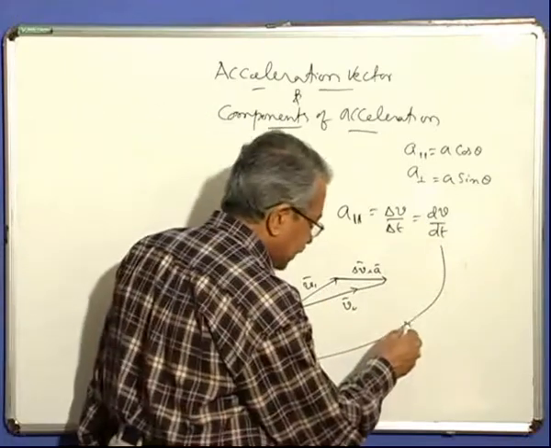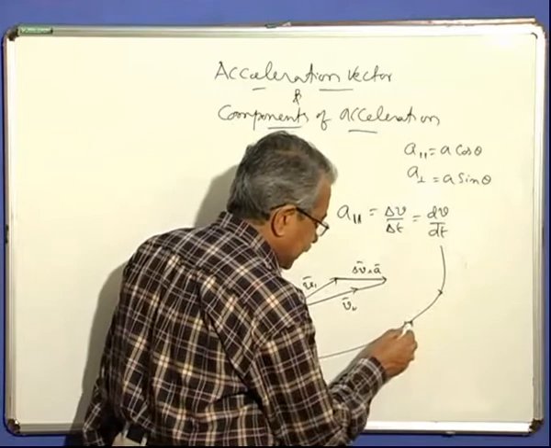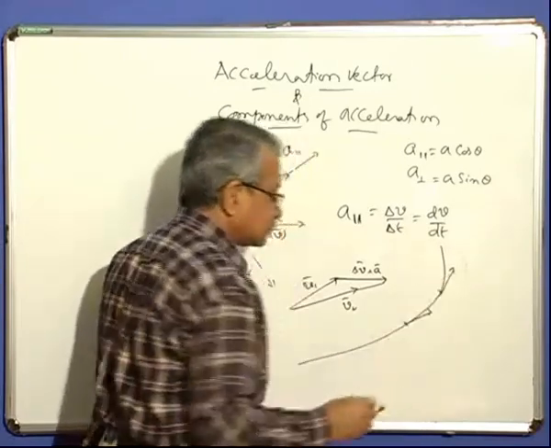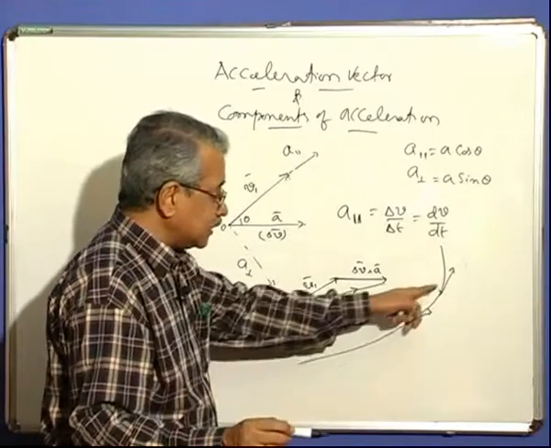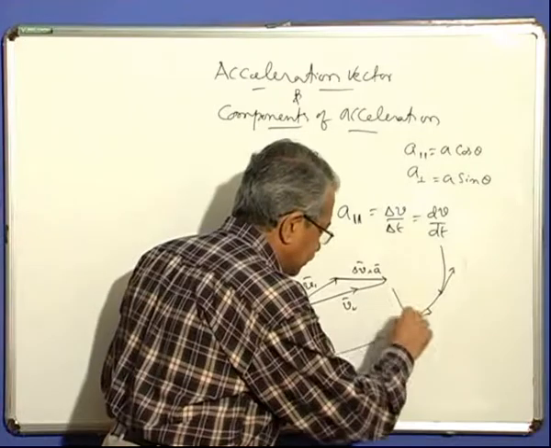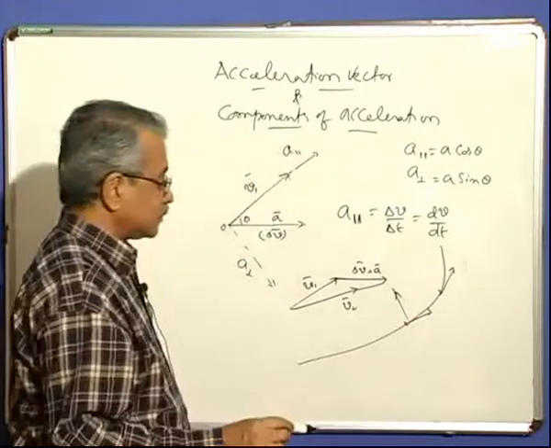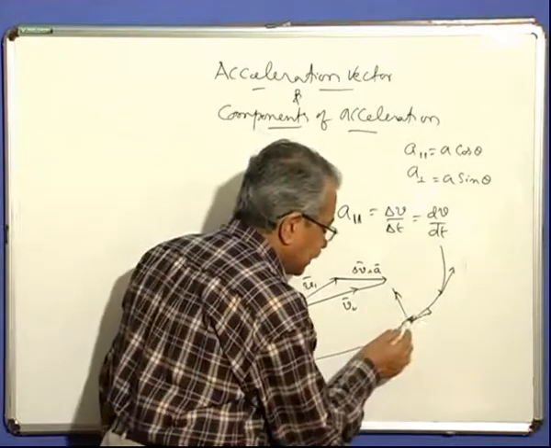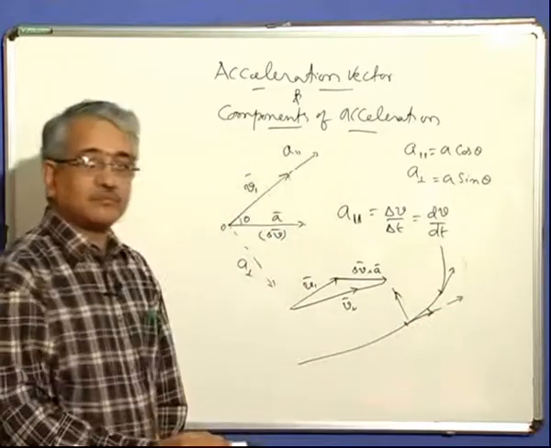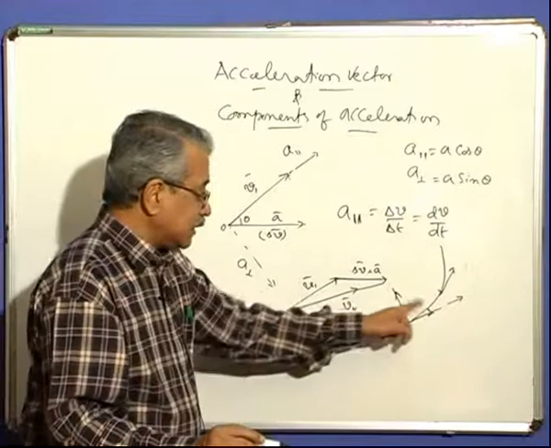In going from here to there, magnitude is changing and direction also is changing. The change in direction is brought about by a component perpendicular to the velocity. The change in magnitude is given by a component parallel to the velocity. So it will happen like this.